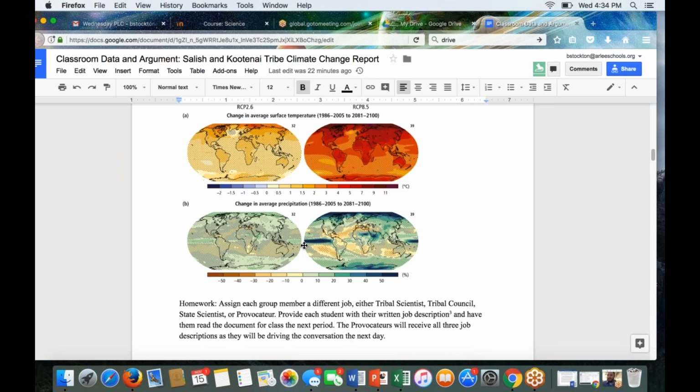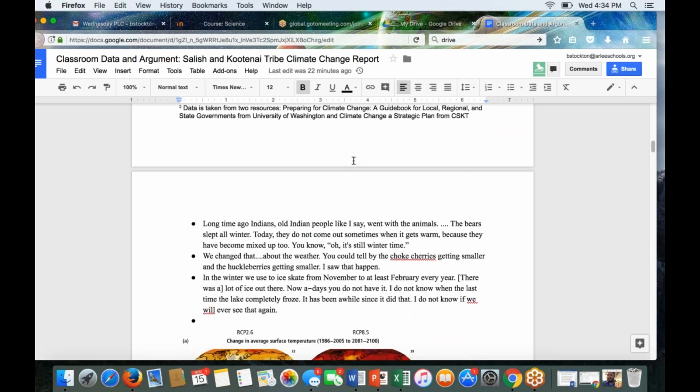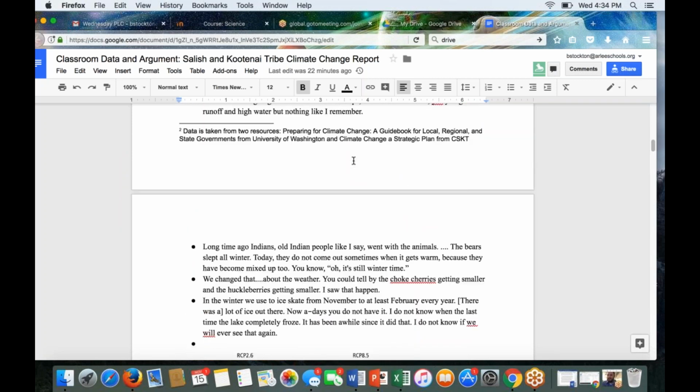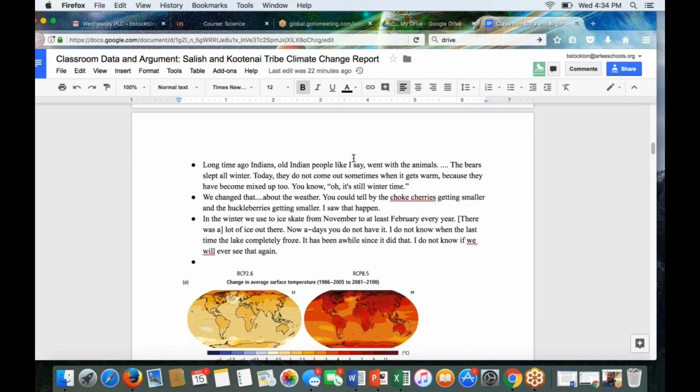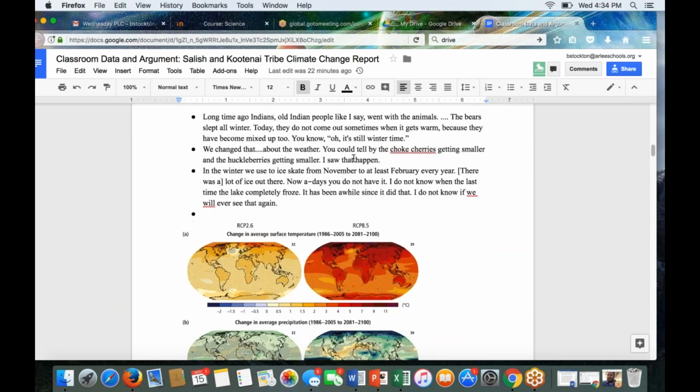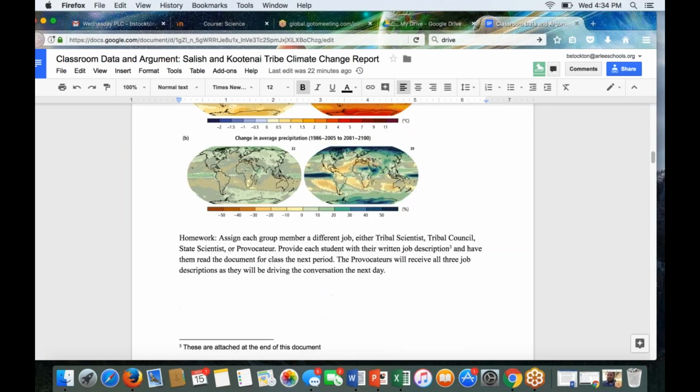So after they get this opportunity to look at these 8 pieces of data, the 4 qualitative pieces and the 4 quantitative pieces, they then are assigned roles. The role that each student is given will fall into 4 different options. They're either tribal scientists, tribal council, a state scientist, or this provocateur role, which essentially is the question master.